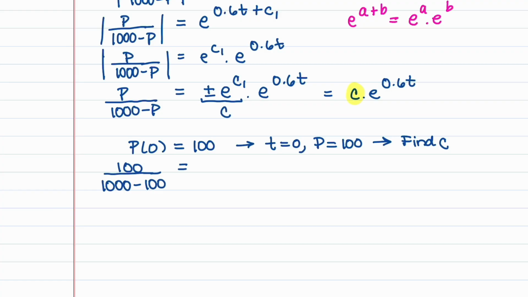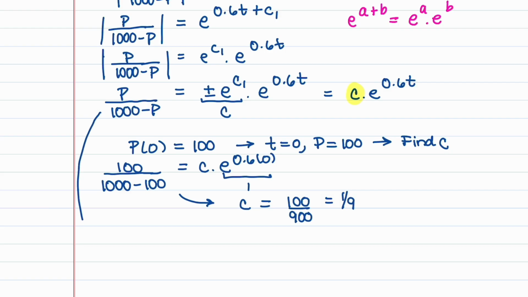And then on the right, we have C times e to the 0.6 times 0. E to the 0 is just 1, so this tells us that C is equal to 100 over 900, which is just 1 over 9.